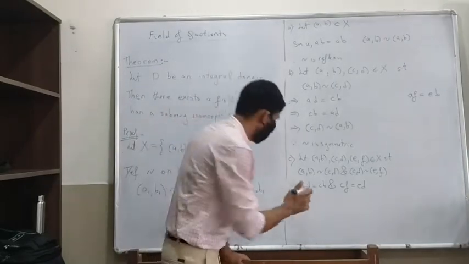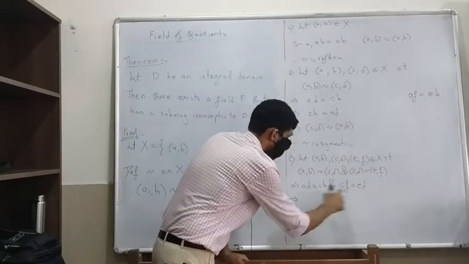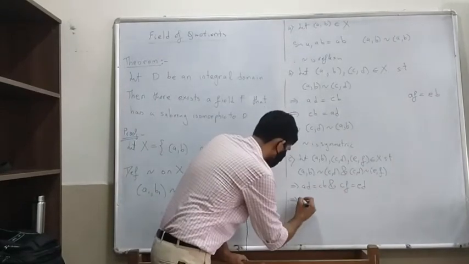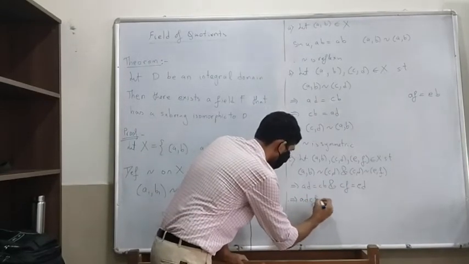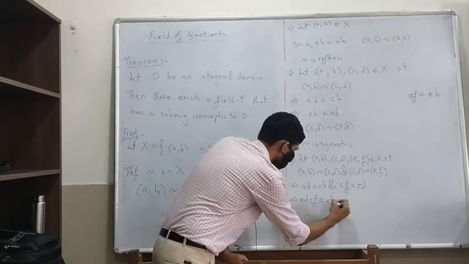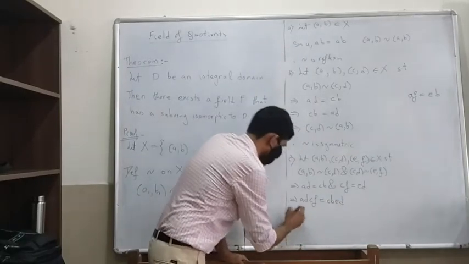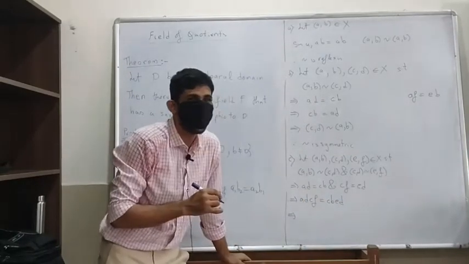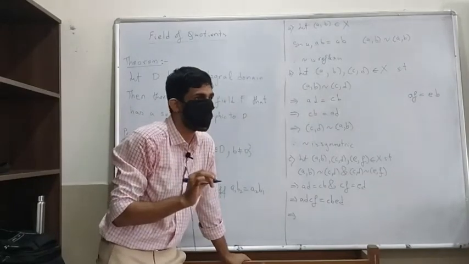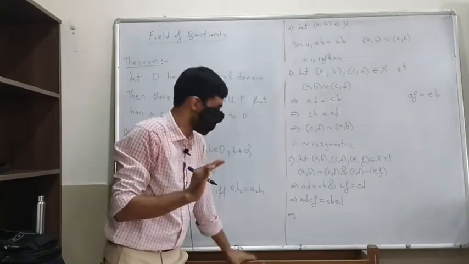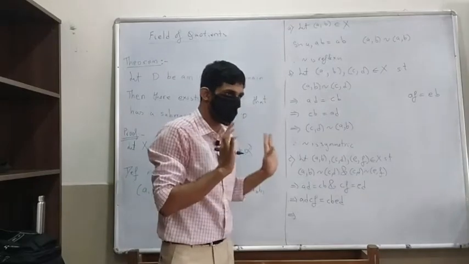Okay, that's exactly what we do. So this will mean multiply this left hand side to this left hand side, ADCF equals CBED, and you can cancel because we are in an integral domain, right? D is an integral domain. These are elements of the integral domain, so we can cancel.